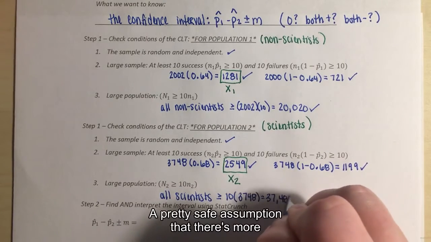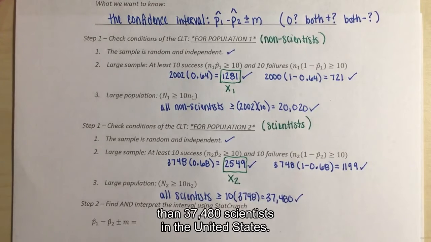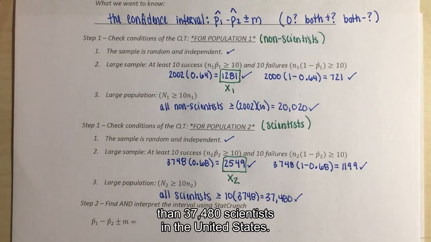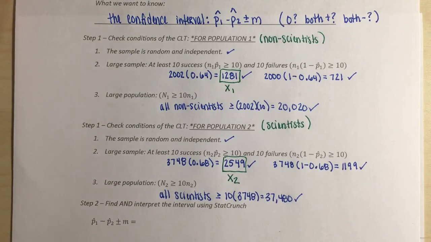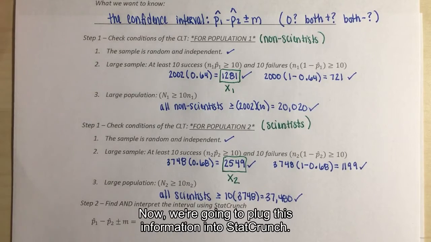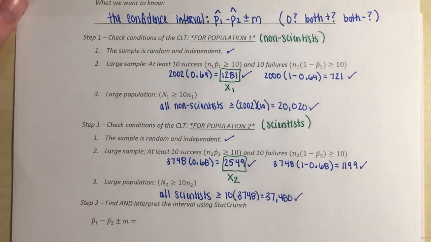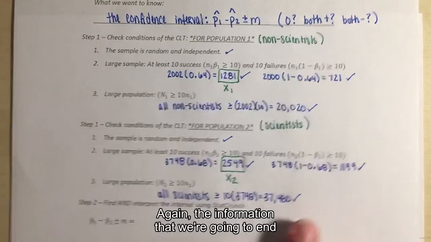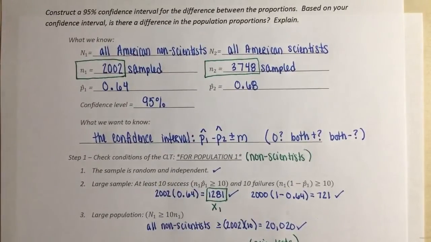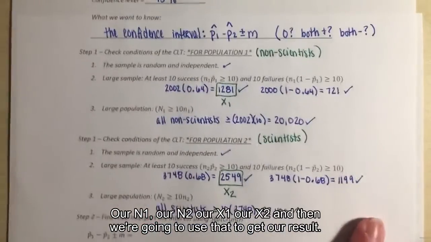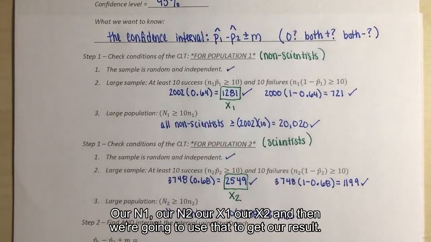Pretty safe assumption that there's more than 37,480 scientists in the United States. All right, so now we're going to plug this information into StatCrunch. Again, the information that we're going to end up using is the stuff that's in green, our n1, our n2, our x1, our x2, and then we're going to use that to get a result.